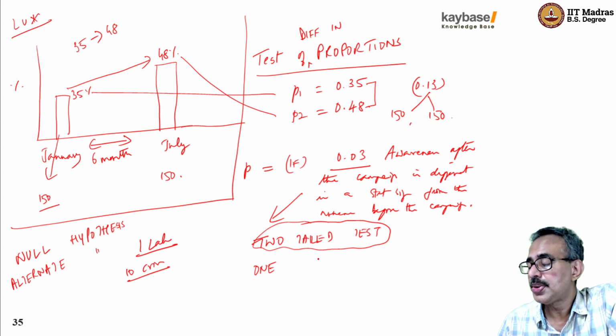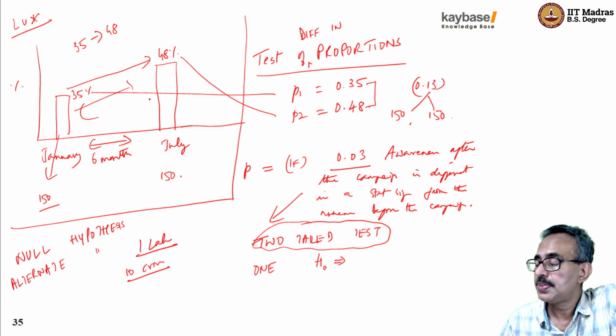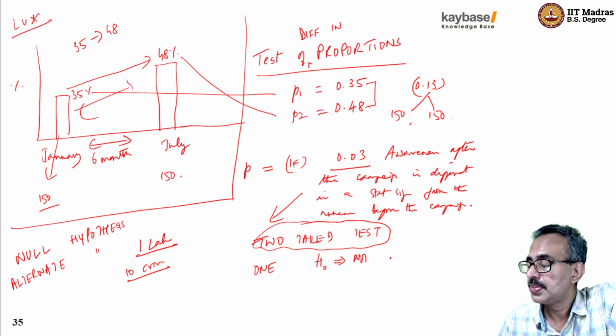So what is null hypothesis? We write it this way, H0. Right? So H0 is that the two are not different. So H alternate is that the two are different.